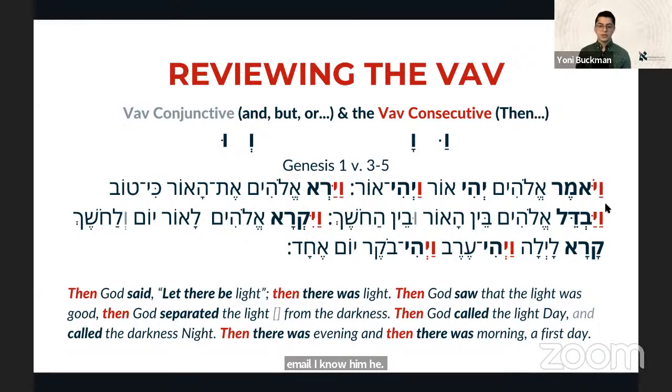And what we're going to get to in a few slides is the way that this verb is constructed. This verb yehi, I bolded all of the verbs here, but this is not a perfect or an imperfect, which again, we're going to review. So that's the vav consecutive. You notice that the vav consecutive always has an ah sounding vowel under it.